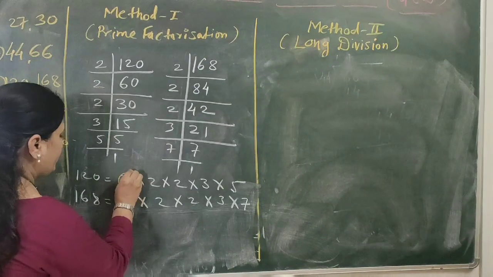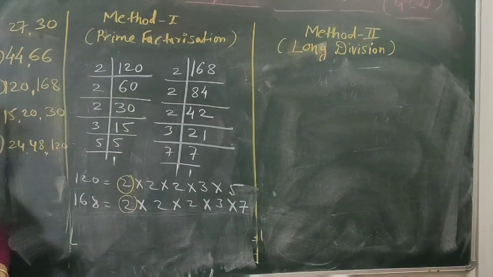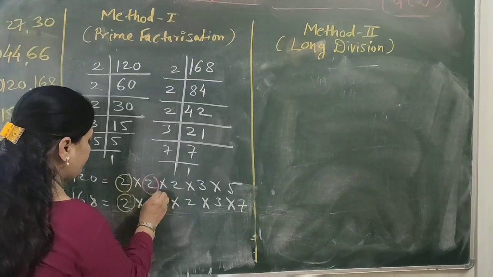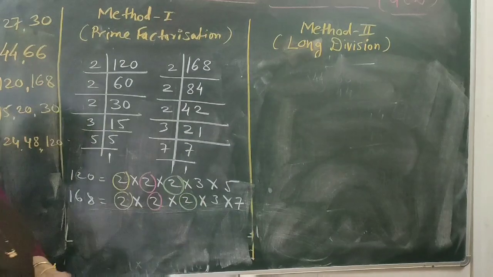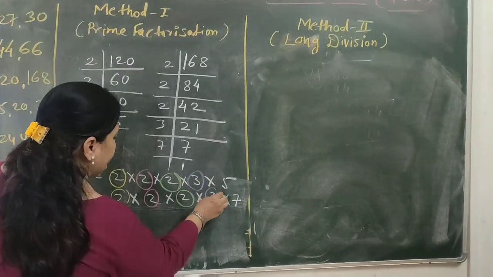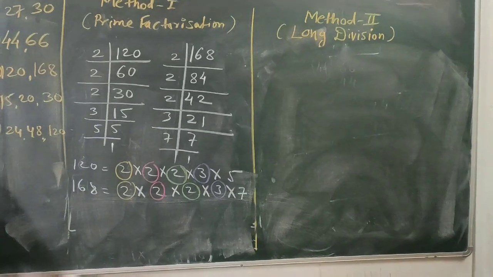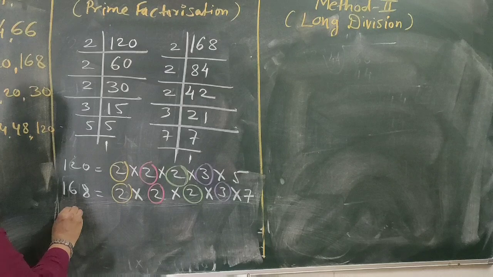So this 2 is common. Now next which number is common here? So this 2 is common and this 2 is also common and this 3 is common. Okay, so there are 4 common factors here. So all 4 we have to take.